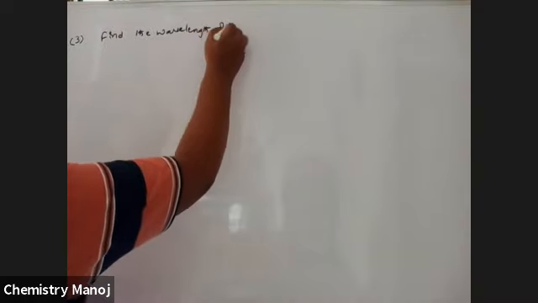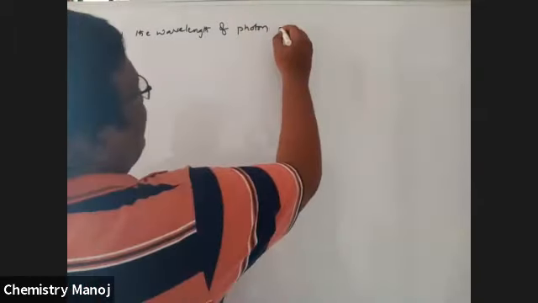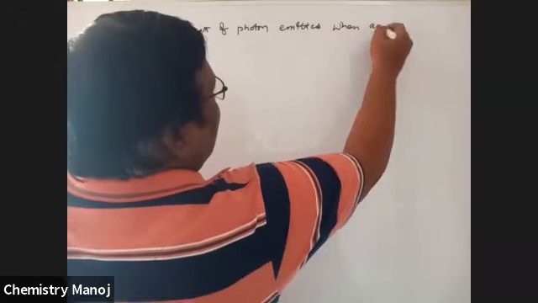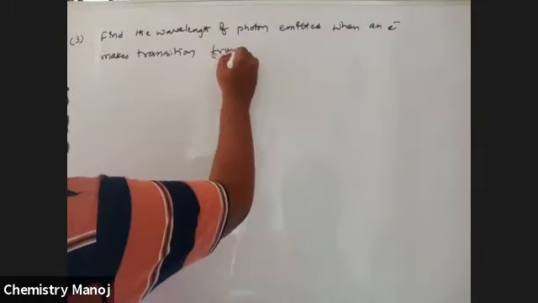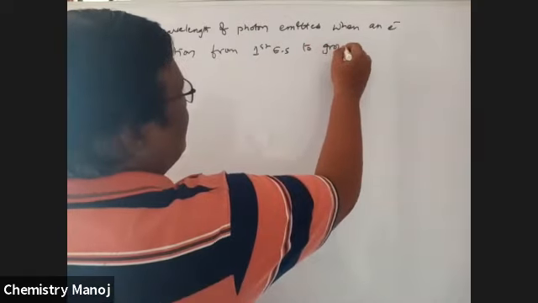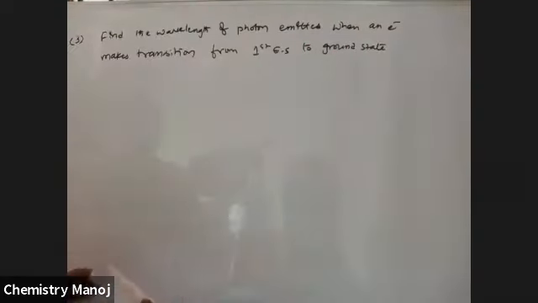Third one. Find the wavelength of photon emitted when an electron makes transition from first excited state to ground state in hydrogen.